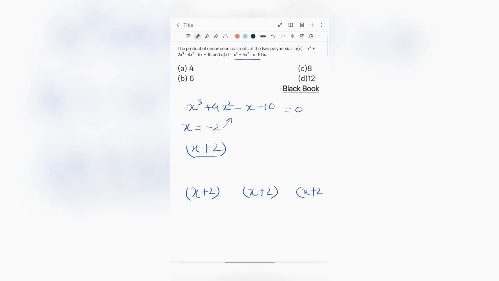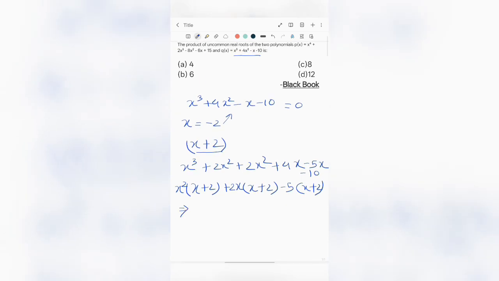The quotient starts with x square, so it becomes x cube plus 2x square, and then we get 2x square plus 4x, and then minus 5x minus 10.